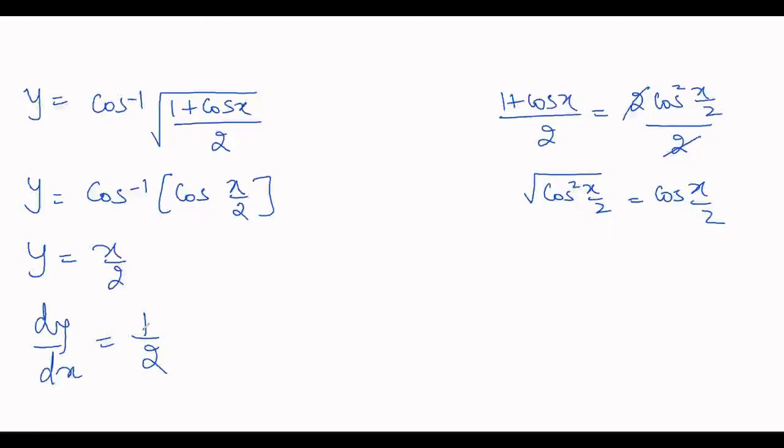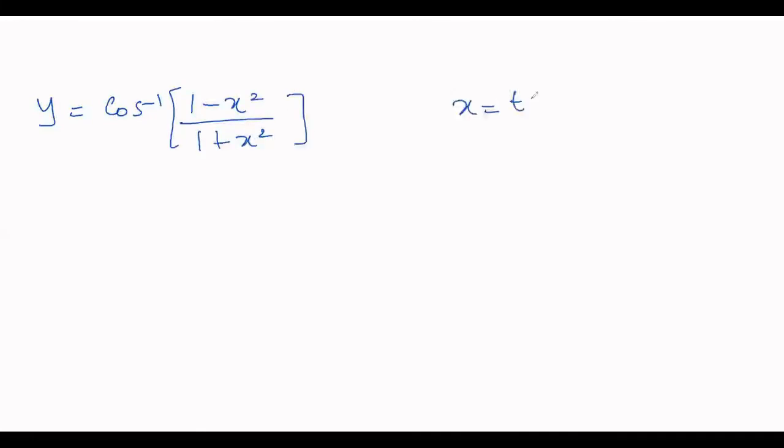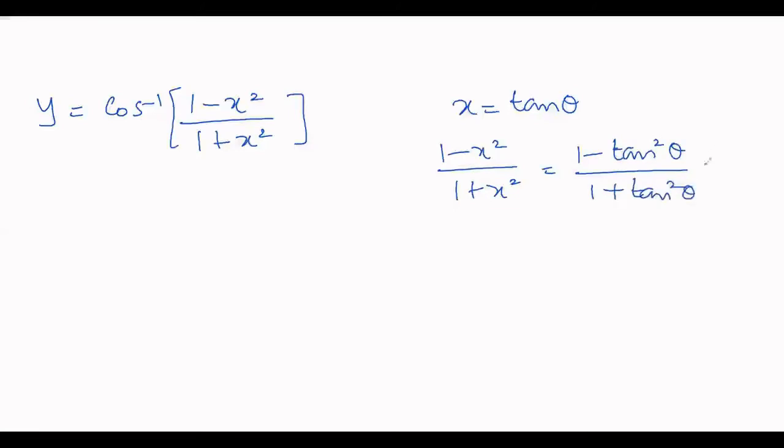Okay. Next, let me clear this, and let's take this question. y is equal to cos inverse of (1 minus x squared) divided by (1 plus x squared). So here, I'm going to use a substitution: x is equal to tan theta. So therefore, (1 minus x squared) divided by (1 plus x squared) is (1 minus tan squared theta) divided by (1 plus tan squared theta), which is nothing but equal to cos 2 theta.